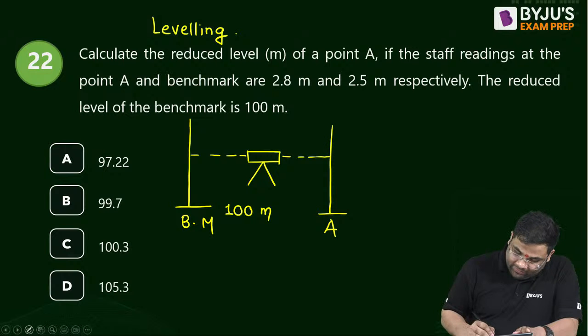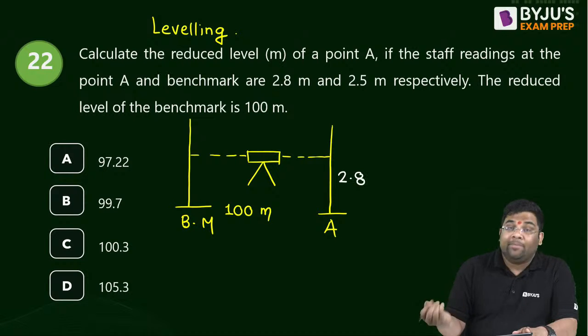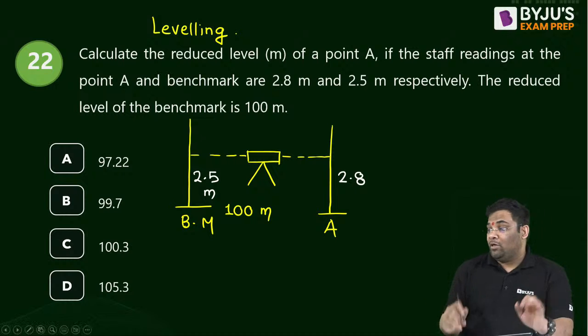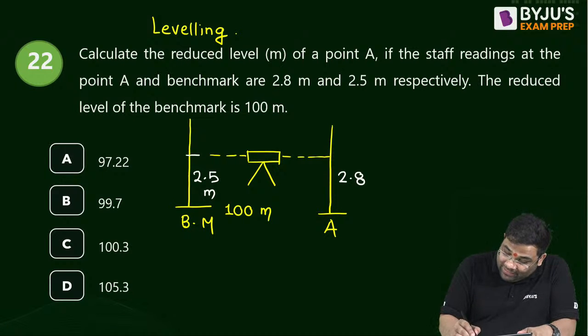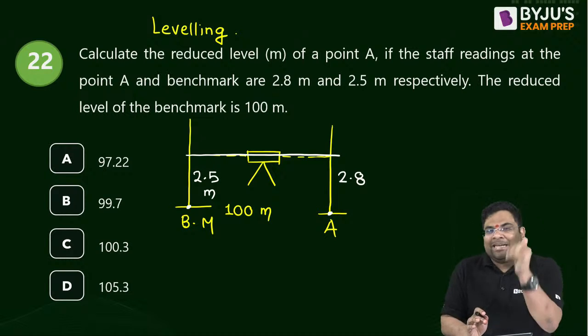So you see what is written. The staff reading at the point A is 2.8 and the benchmark is 2.5, right? So from the diagram only you can say that. You see this reading is 2.5, this reading is 2.8. So obviously A is 0.3 meter down, right?